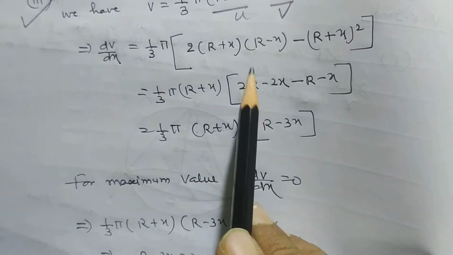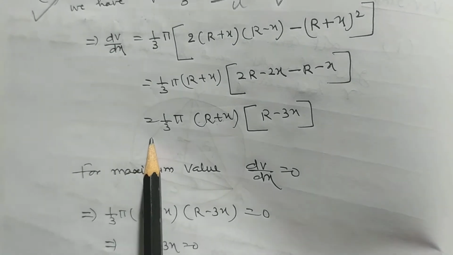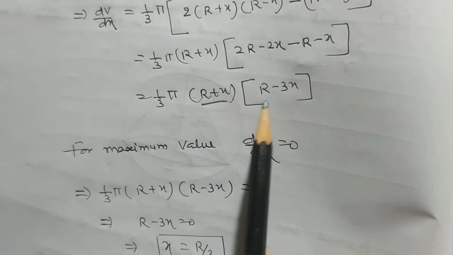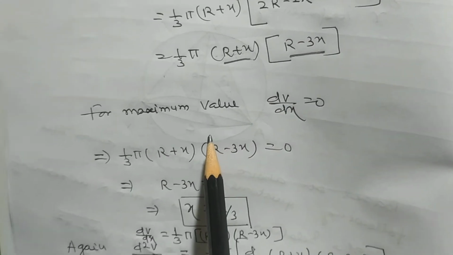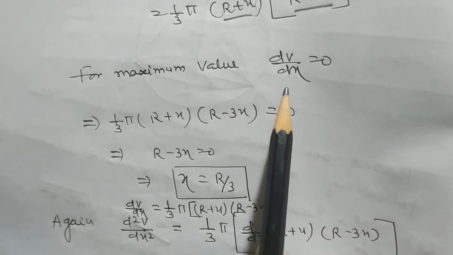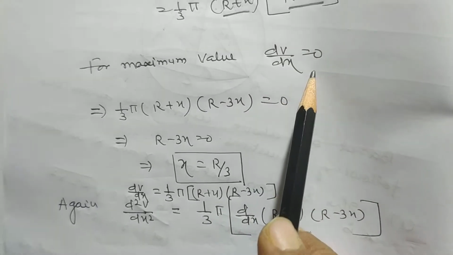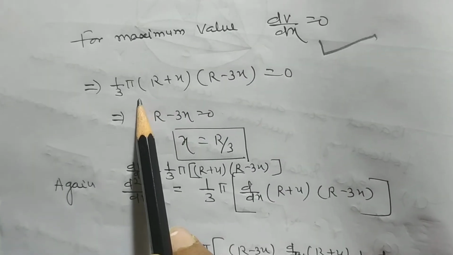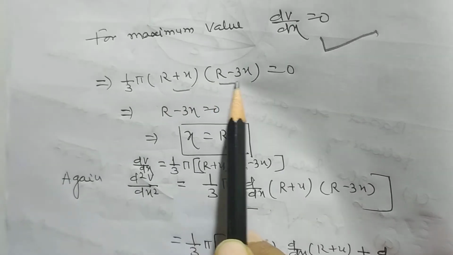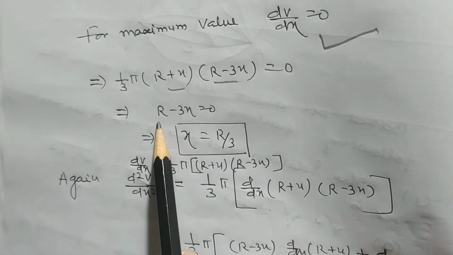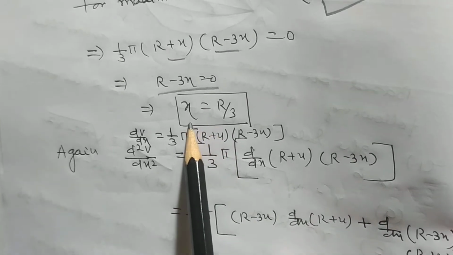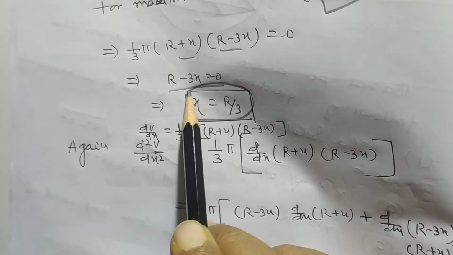We have this result: 1 by 3 pi (R plus x)(R minus 3x). So for maximum volume, we put dV by dx equal to 0. So R minus 3x is equal to 0, so x is equal to R by 3.